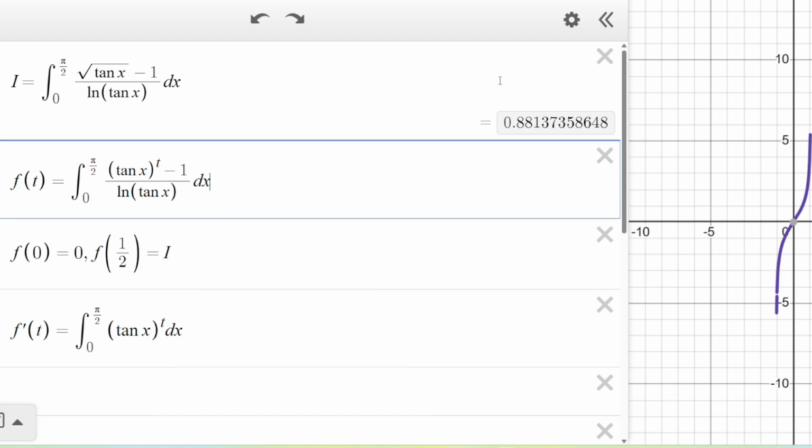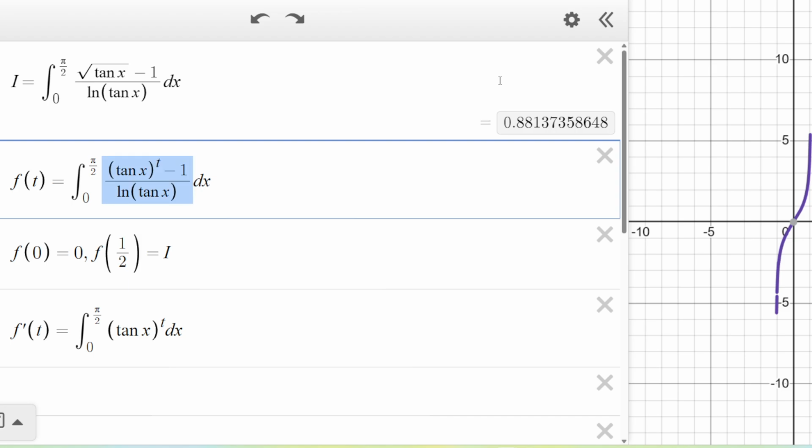Well, let's use the Leibniz rule for differentiation under the integral sign, which says that we can take the derivative of our f of t right here, with respect to t, just by taking the partial with respect to t of the integrand.